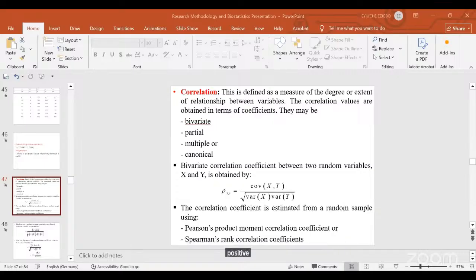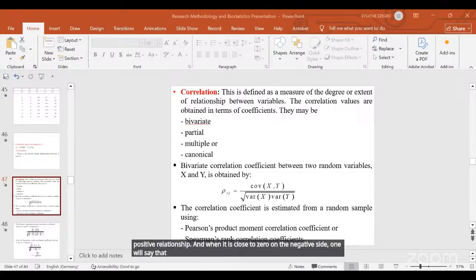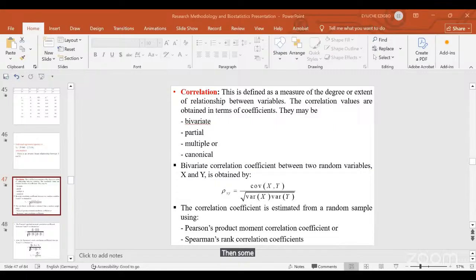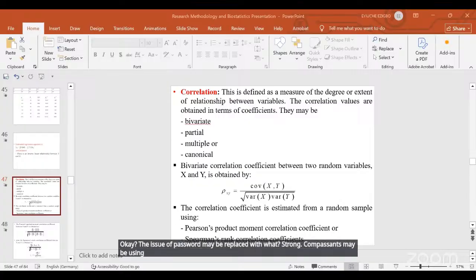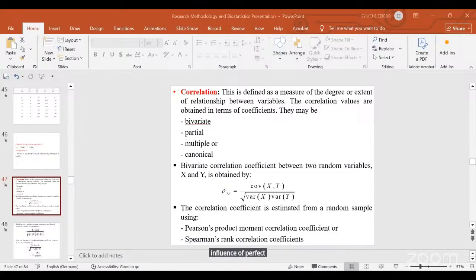But when it is close to 0 on the negative side, one will say that there is what? A poor negative relationship. Is that clear? Then sometimes in some quarters, the issue of perfect may be replaced with strong. The issue of perfect may be replaced with what? Strong. Some persons may be using strong negative and strong positive in place of perfect positive and perfect negative.